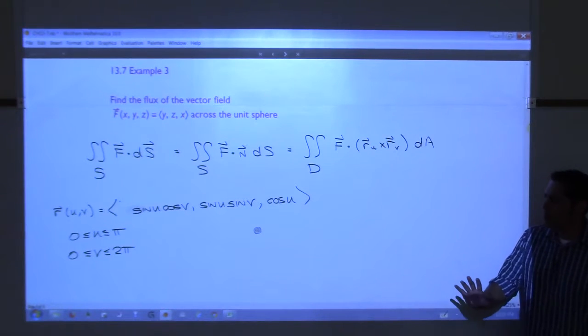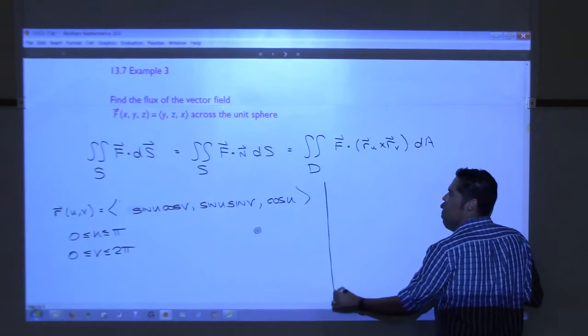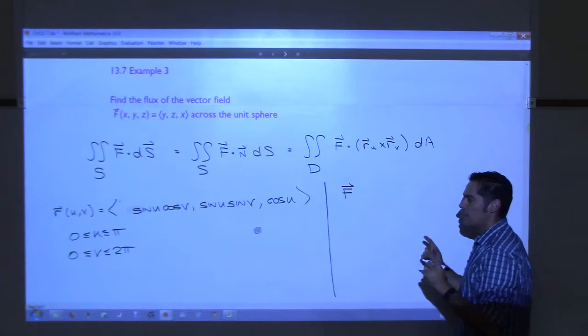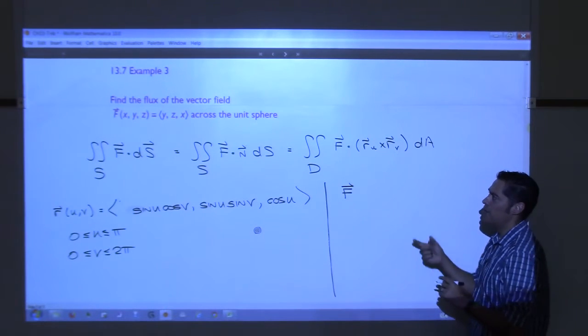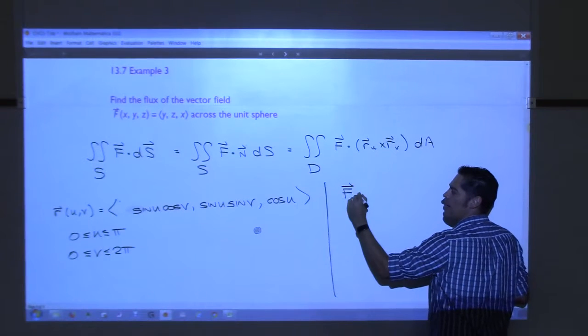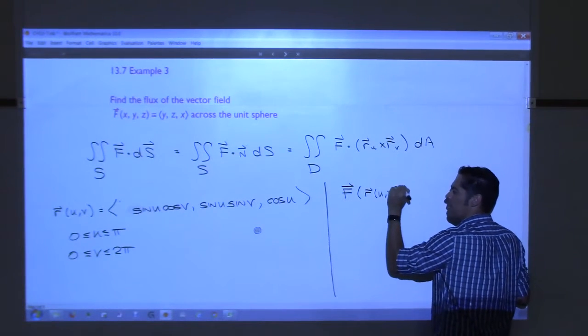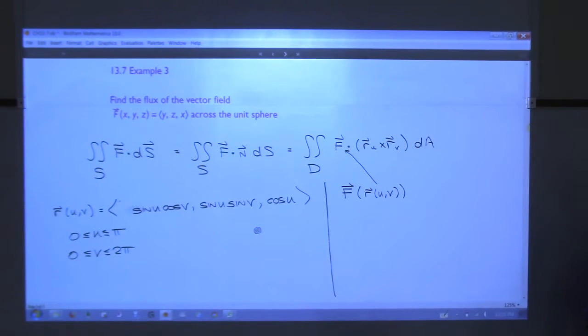Let's hold off on that, because I know we can get it. But what does F by itself there mean? It's not just F. You need to understand in this notation that this actually means F of r of u, v. That means you're going to take your vector field and evaluate it along your surface.